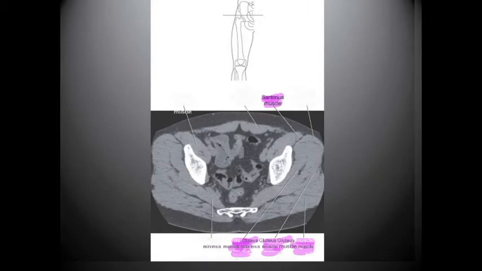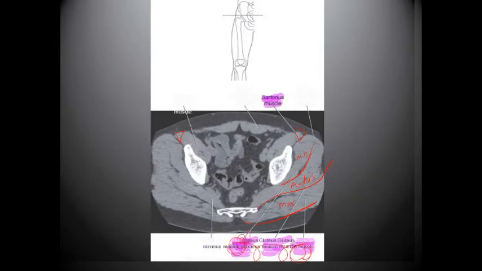Here we have the sartorius muscle. And then once again we have the gluteus minimus, medius, and the maximus.